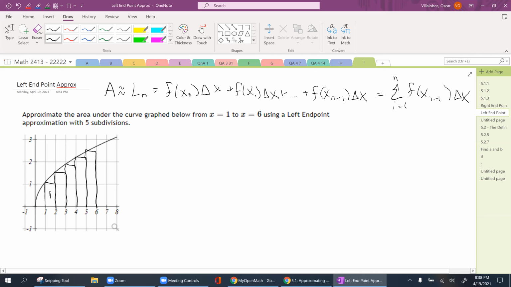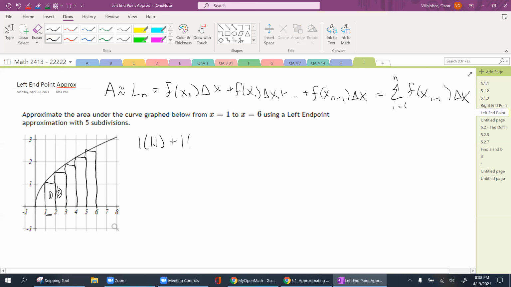So for my first subdivision here, the height is approximately what? 1.1. Let's do base times height. So my base is 1 times my height, which was about 1.1, plus my second rectangle, which is about 1.5.